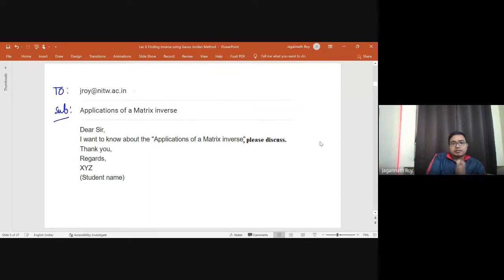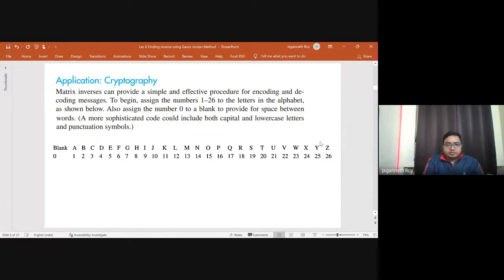You will see how we can find the application of the matrix inverse in sending a message. You also want the message to be secure. It should not go somewhere else. That kind of application is like cryptography.